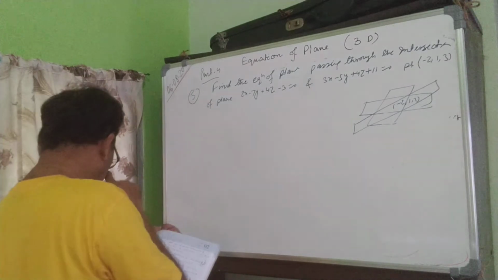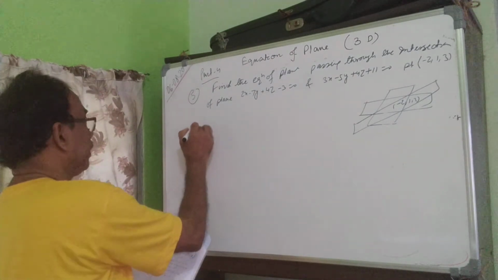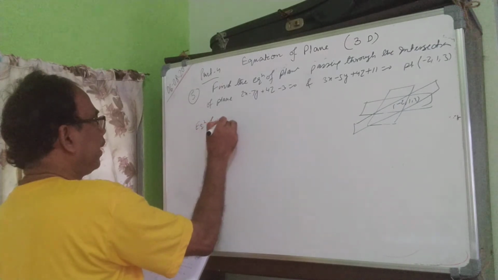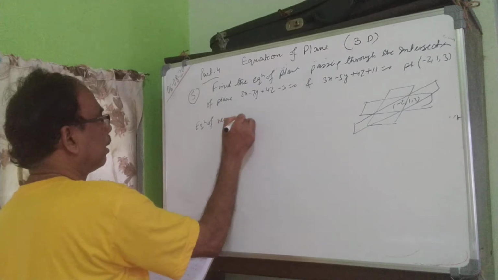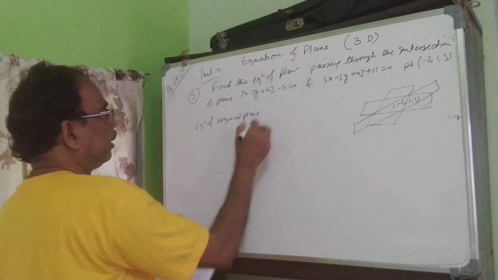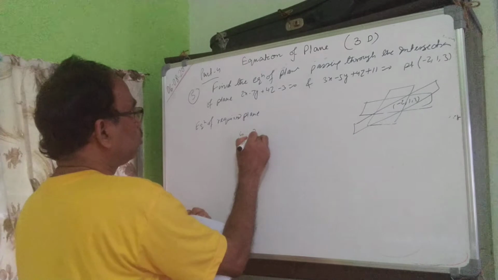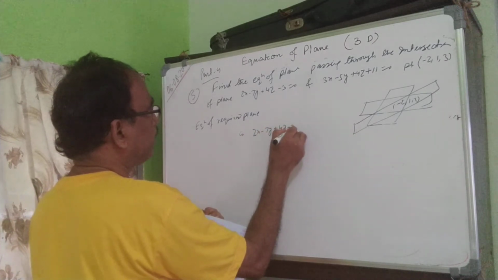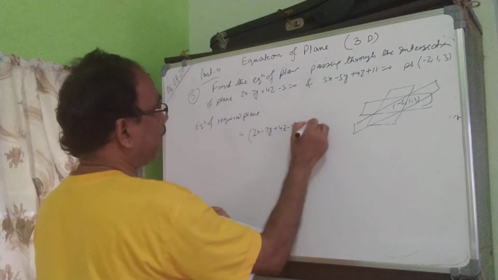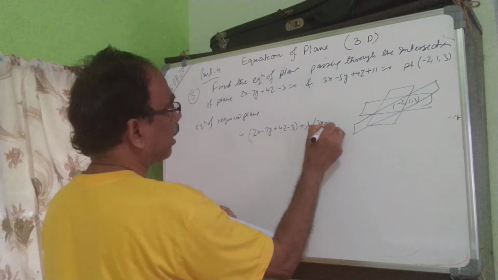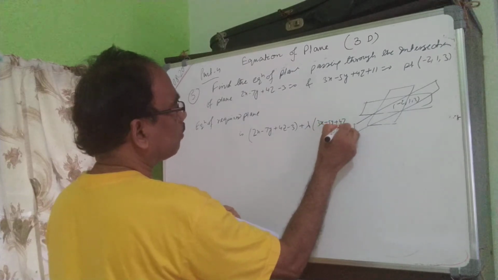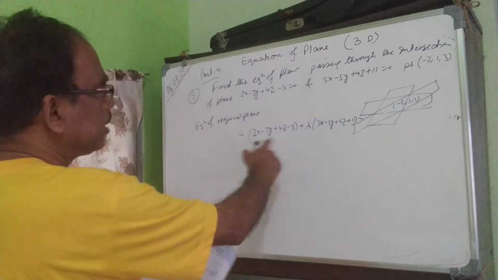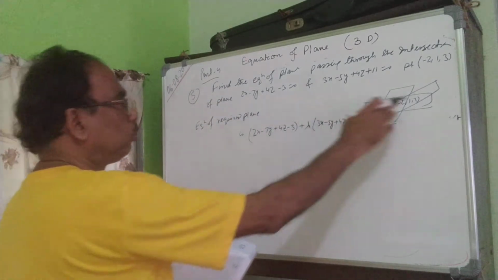The equation of the required plane is 2x - 7y + 4z - 3 + λ(3x - 5y + 4z + 11) = 0.